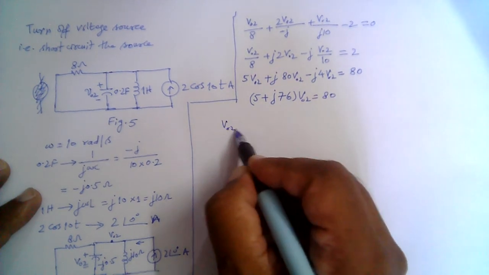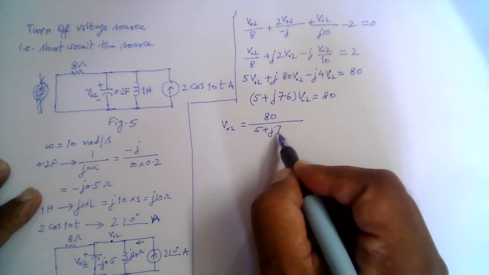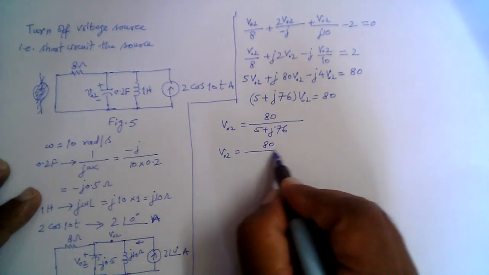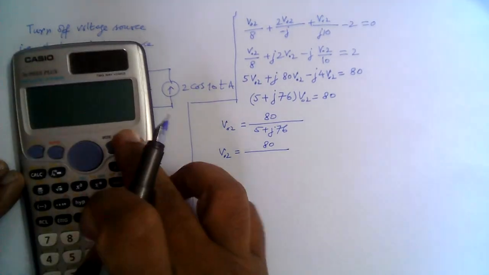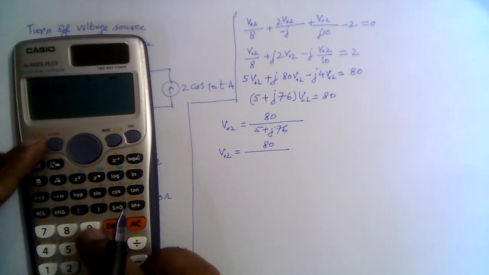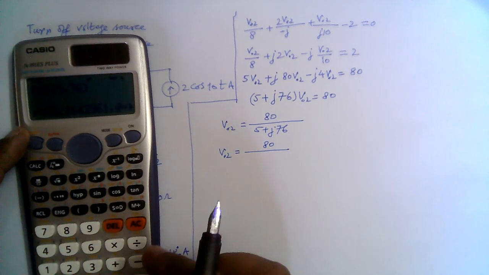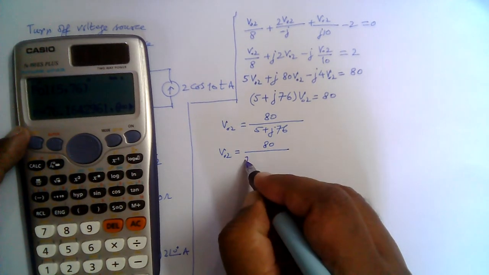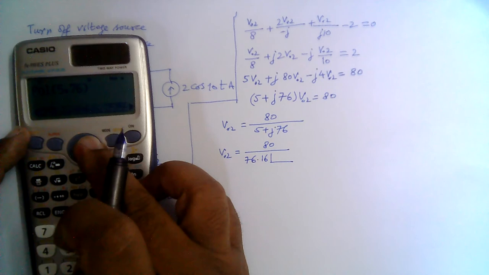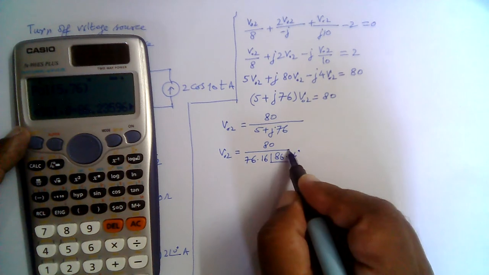So V02 is equal to 80 divided by 5 plus j76. We again need to transform the number in the denominator to the polar form for the division. So 5 and j76 gives us 76.16 angle 86.24 degrees, right?